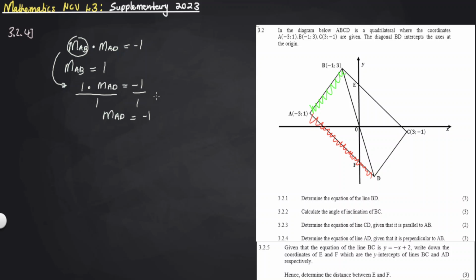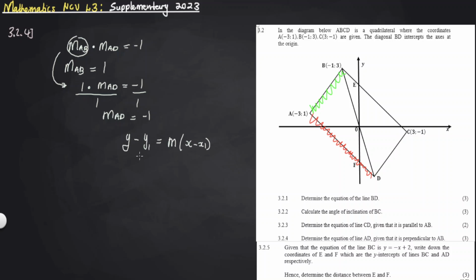I'm looking for the equation for line AD. So I need the gradient and at least one point along that line in order to get the equation, because the equation is y minus y1 equals m times x minus x1.